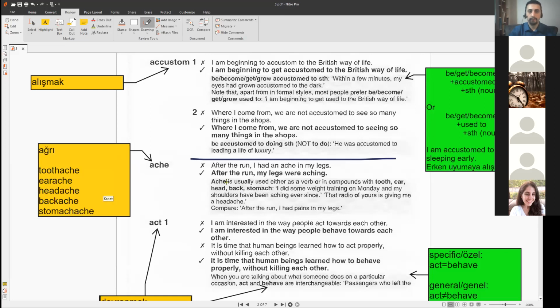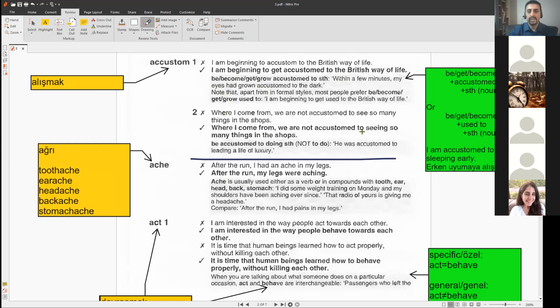If you don't have, yes? Can I ask a question? Yes, please. In the first sentence, accustomed to see, is it a verb? Which one? There are two verbs. Where I come from, we are not accustomed to see.